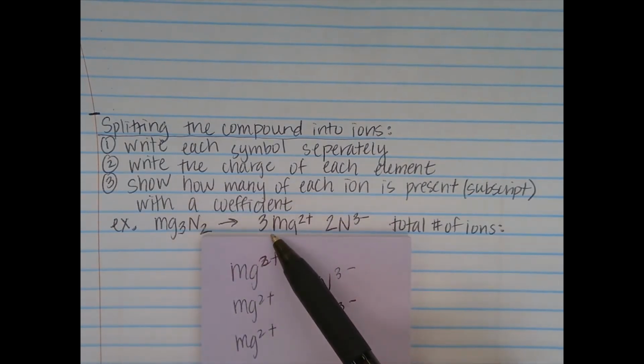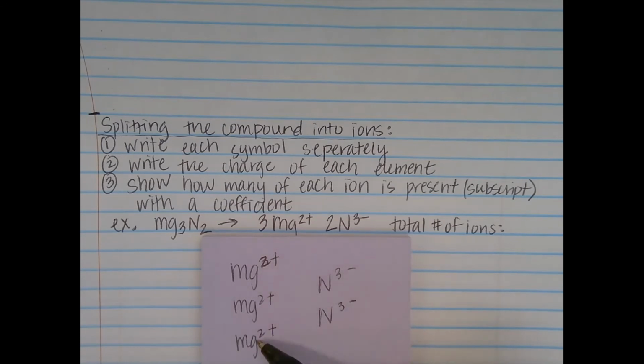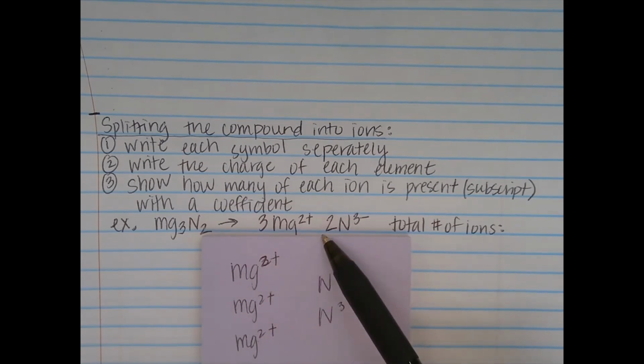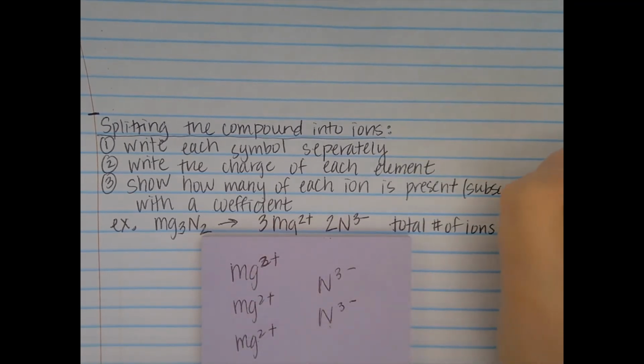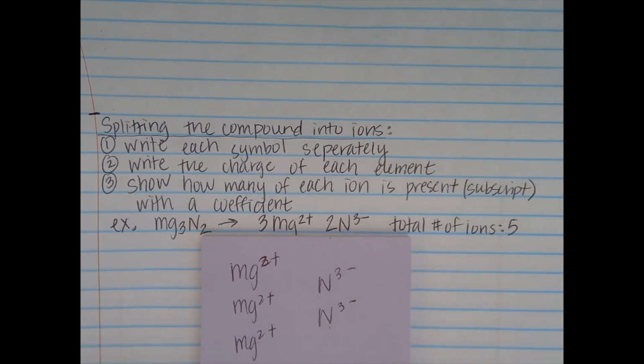The 3 as the coefficient means that I have 1, 2, 3 magnesium ions. The 2 as the coefficient means I have 1, 2 nitride ions. So how many ions are there total? 1, 2, 3, 4, 5. So there are 5 ions in this compound. Turn to your neighbor and tell them where the 5 came from.